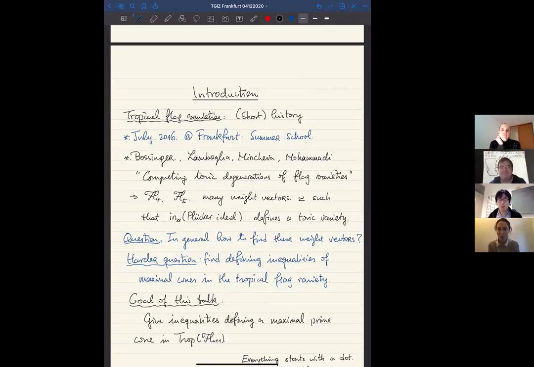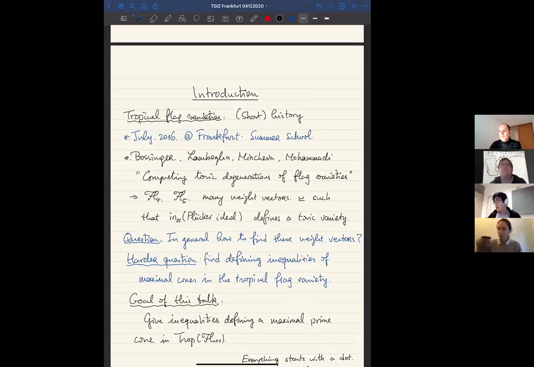This was a summer school. I think at least Laha was there, I don't know whether others were there. There was a very nice sunny afternoon, and we had some lunch together outside, and we were talking about this tropical flag variety together with Bernd Sturmfels.